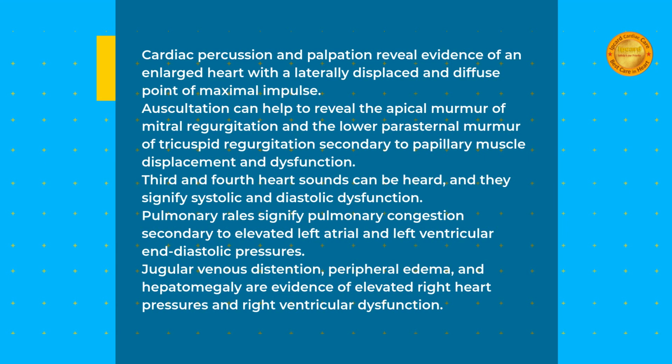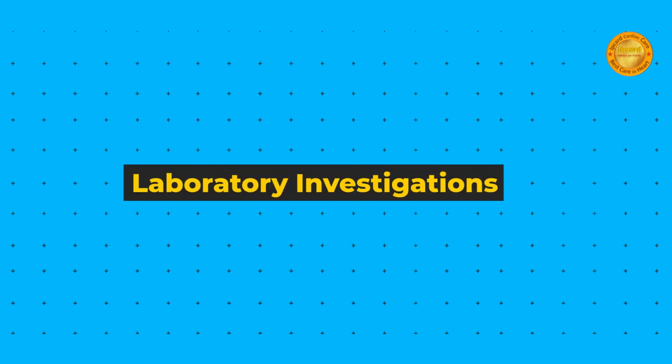Third and fourth heart sounds can be heard, and they signify systolic and diastolic dysfunction. Pulmonary rales signify pulmonary congestion secondary to elevated left atrial and left ventricular end diastolic pressures. Jugular venous distension, peripheral edema, and hepatomegaly are evidence of elevated right heart pressures and right ventricular dysfunction.